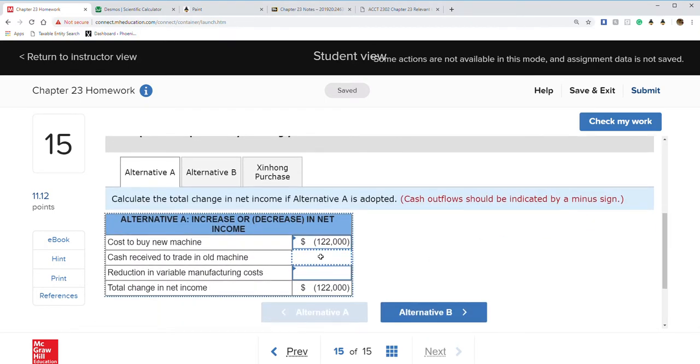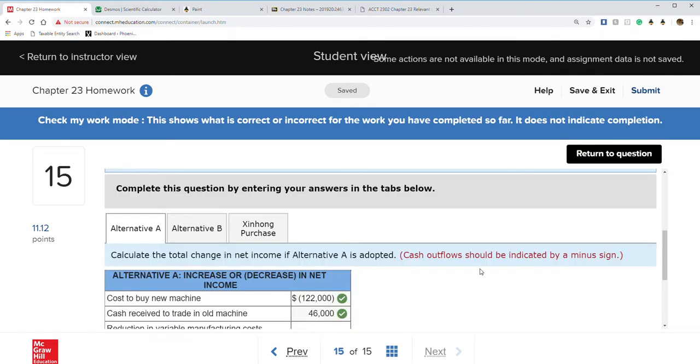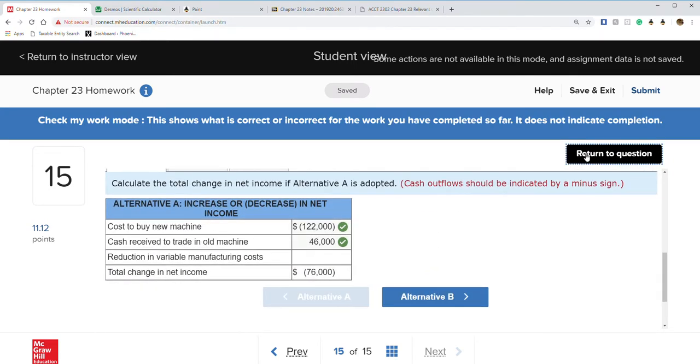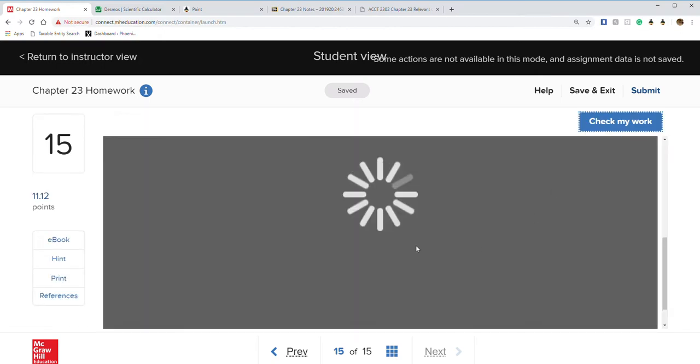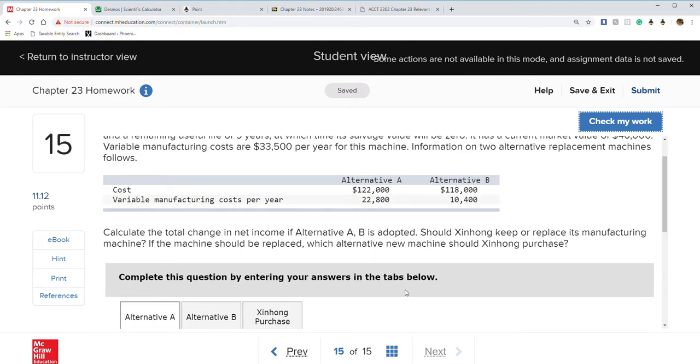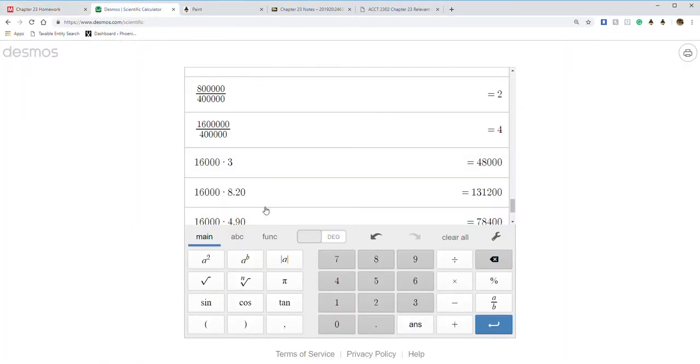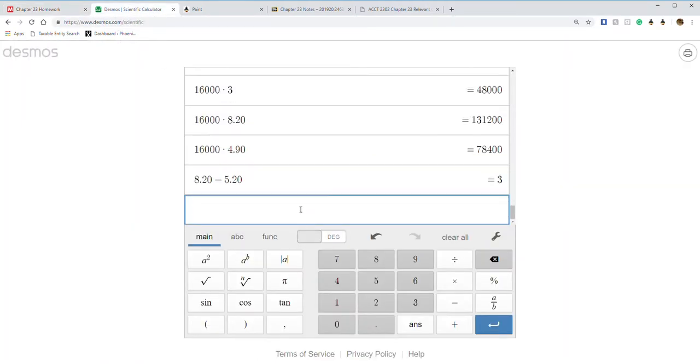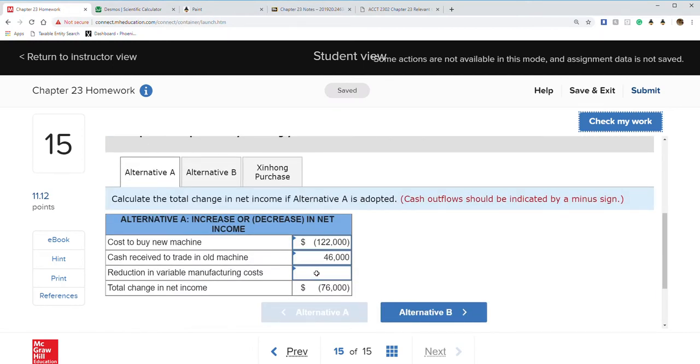I'm thinking they're going to take the current market value. Again, this is Connect, and we don't know exactly how it's going to roll since it didn't really say trade-in, but they are going to take the market value, which helps us out. And the reduction, again, this is going to be 5 years. This one does it for $22,800. So times that by 5, $114,000.